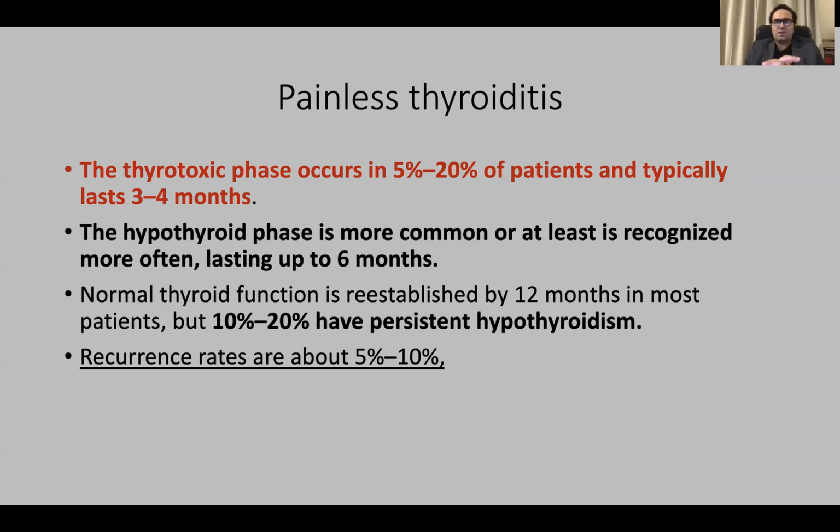Again इसमें anti-TPO positive हो सकता है, but TRAb, जो TSH receptor antibodies हैं, वो positive नहीं होंगे. And उसके बाद वापस हाइपोथायरॉइड phase में जाएगा जो 6 months तक रह सकता है. And then the patient में develop persistent hypothyroidism in 10 to 20% of patients, और बाकियों में वापस TSH normalize हो जाता है.